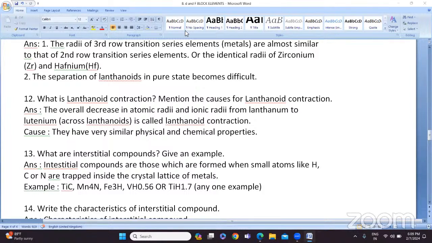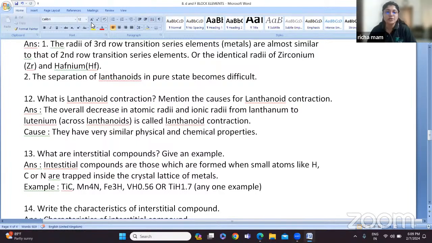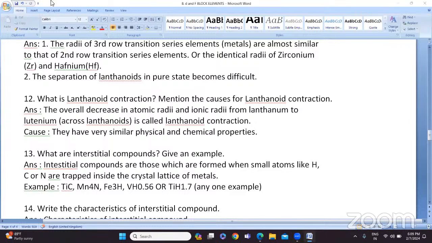These words should be mentioned: the gradual decrease or the overall decrease in atomic radii and ionic radii from lanthanum to lutetium is called lanthanoid contraction.